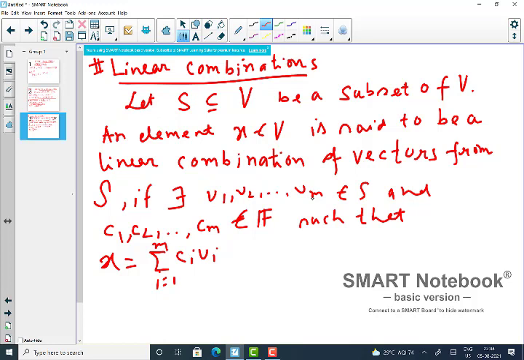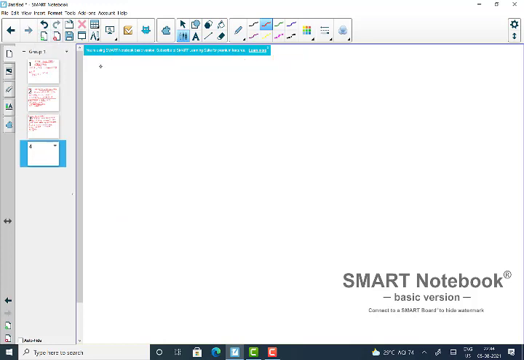Now maybe I can give some examples. Let me start with R3. R3 is my vector space. In real life we know there is R3. There is something called dimension that I am going to define soon.